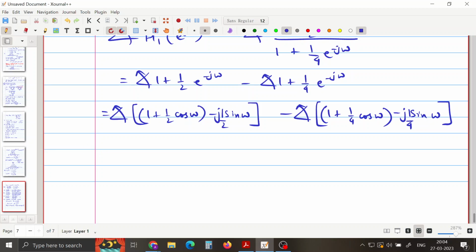Now just the individual phases, we can use the tan inverse formula: minus the imaginary part divided by the real part.